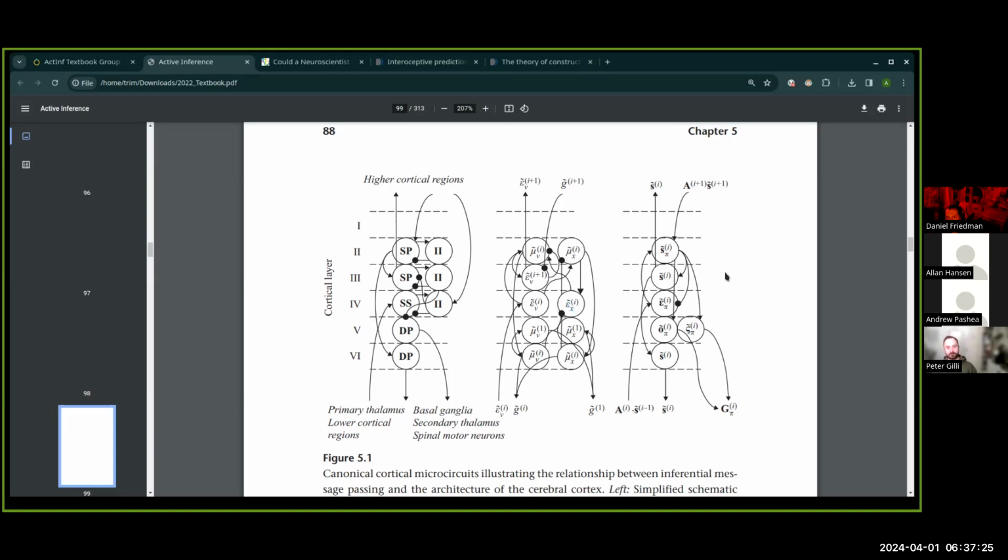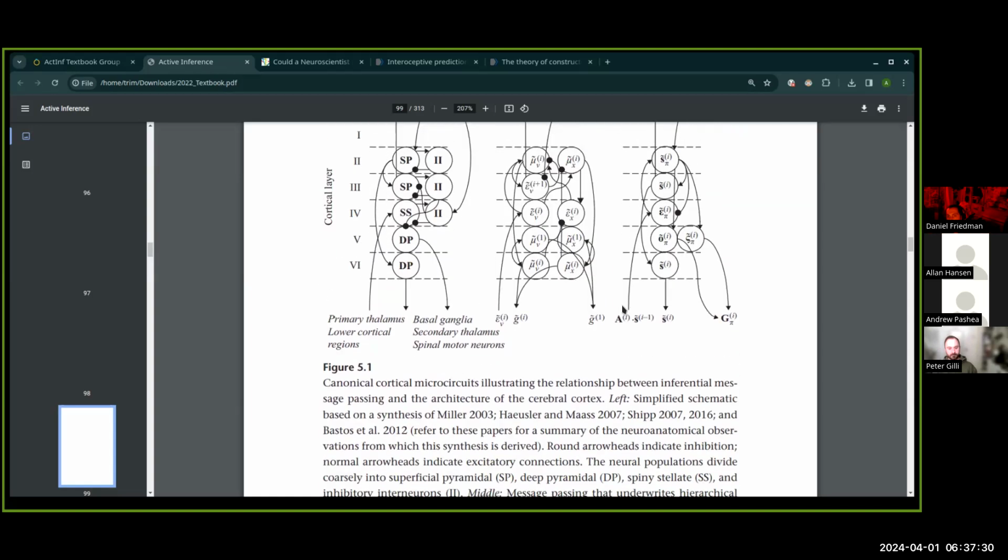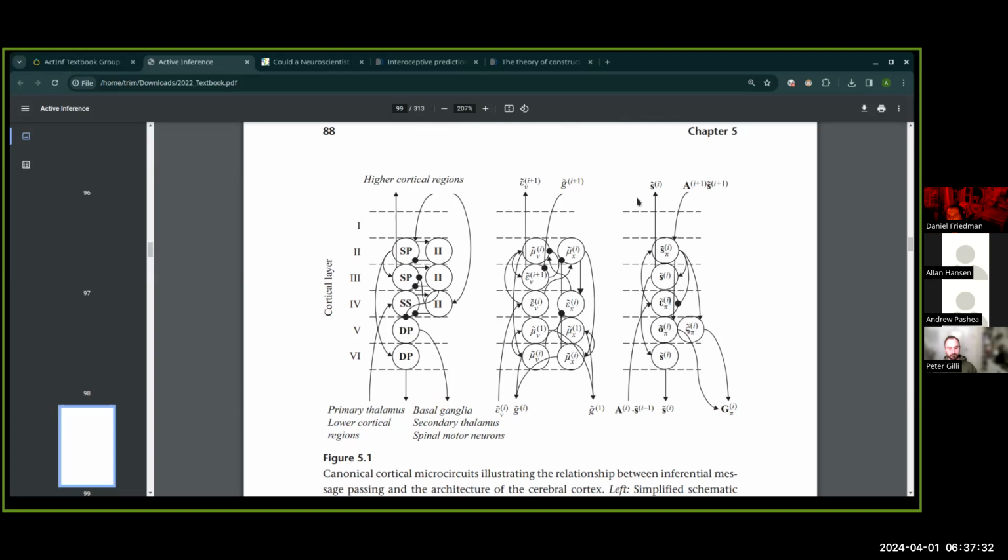And then here on the right, we get to the POMDP. This is the most chapter 7-ish generative model. Although there are some letters a little bit outside of figure 4.3, broadly we're talking about the hidden state inference. So we move from the most anatomical to the very high level computational predictive processing paradigm.